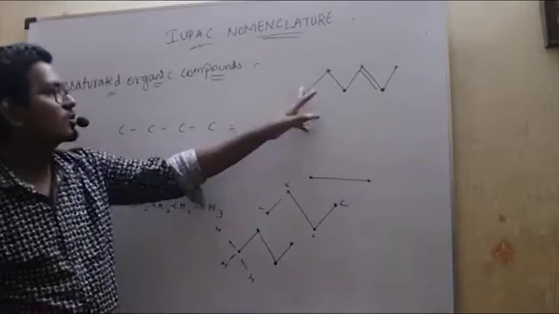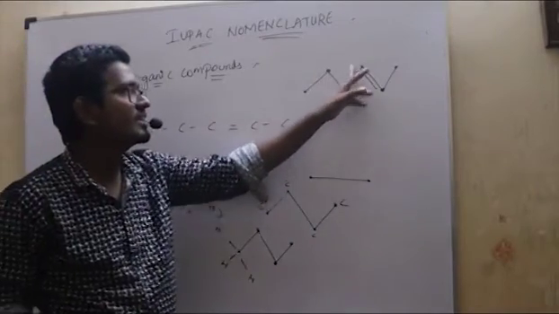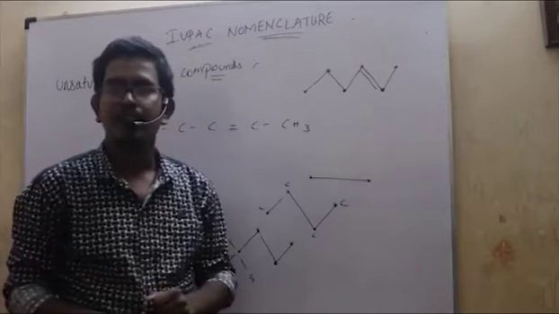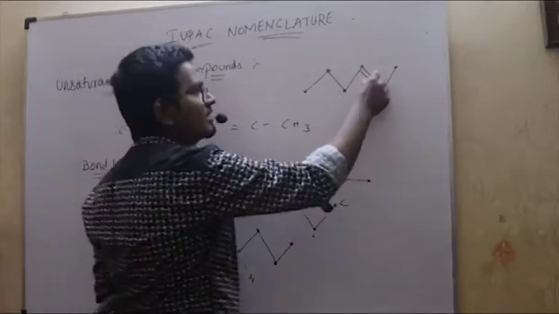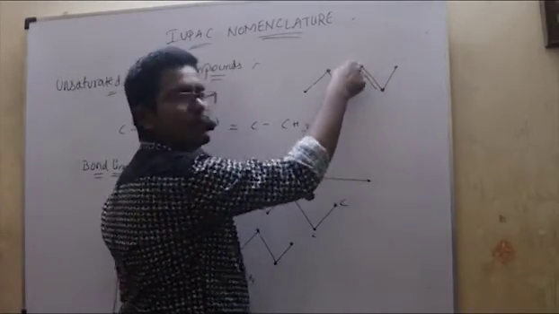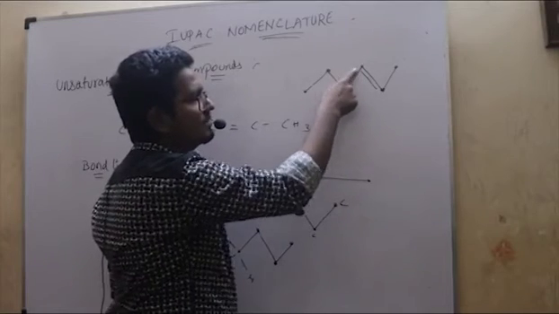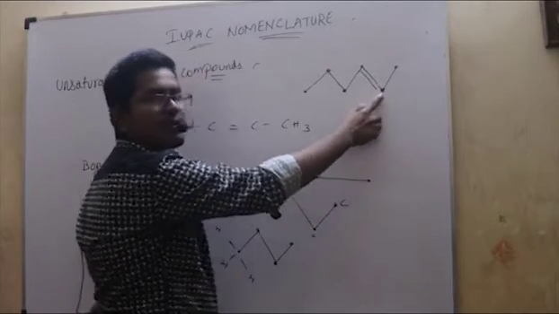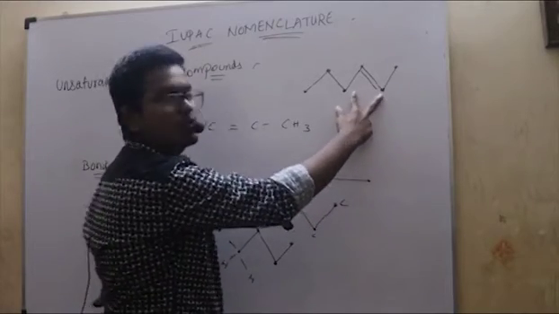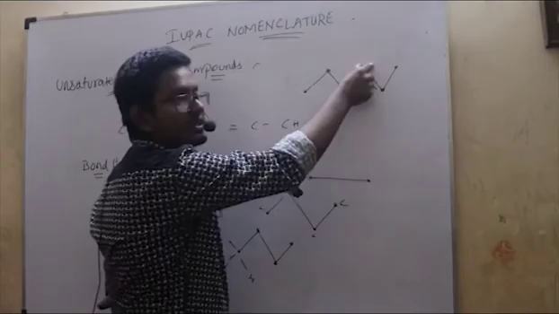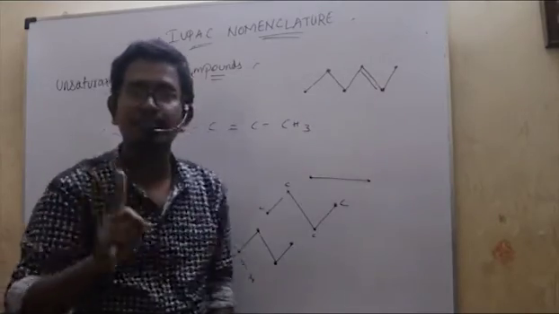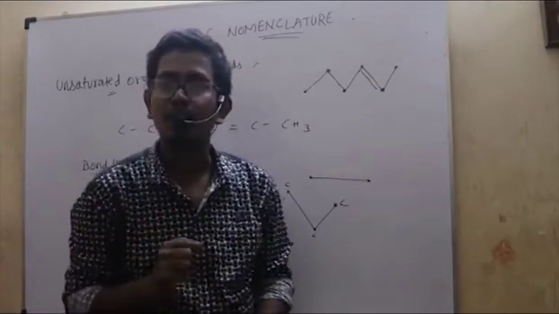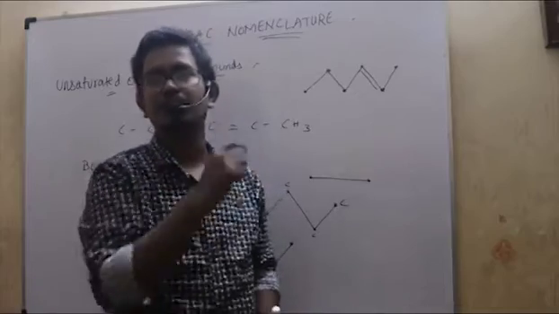Right? So these points indicate that they are carbon atoms. You can see how this carbon is making three bonds, one with this carbon, and two with this carbon. With these carbons, this carbon is making three bonds and one bond is left. Where is that one bond? A hydrogen is making that one bond.